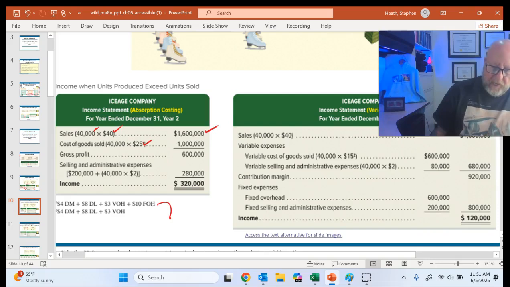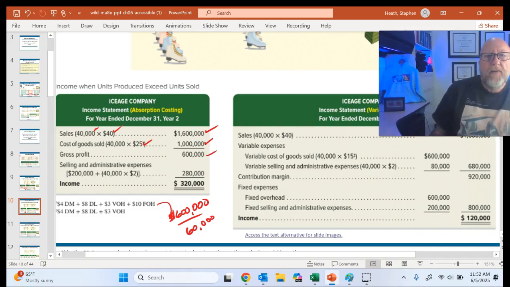That $10 of fixed overhead is the 600,000 in fixed overhead divided by the 60,000 units produced. However, we only sold 40,000, so in this instance, our cost of goods sold is $1 million.